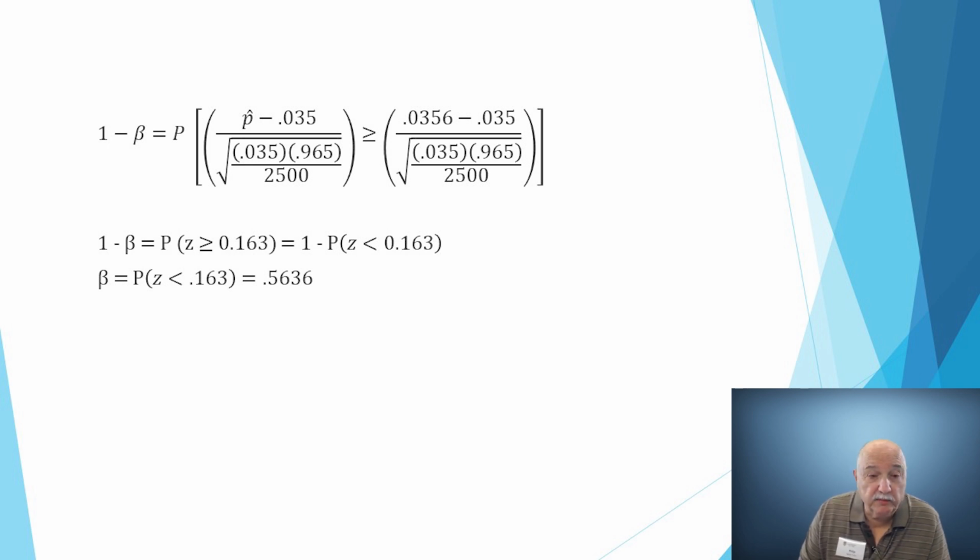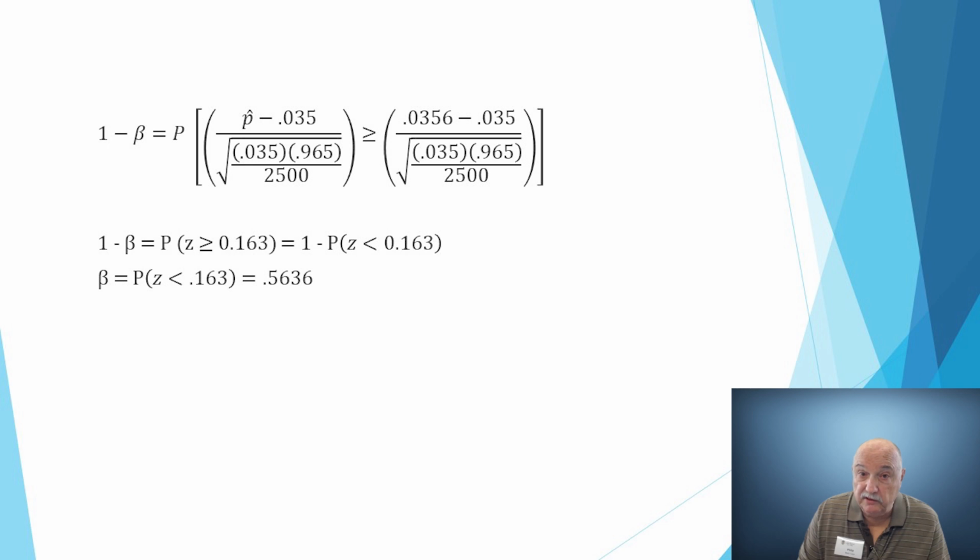That's the same thing as 1 minus the probability of z being less than 0.163, from which we can infer that beta, the probability of committing a type 2 error, is the probability that z is less than 0.163. That can be looked up in a table of standard normal variates, and that probability is 0.5636.